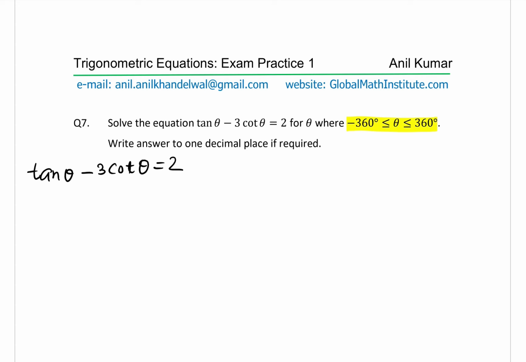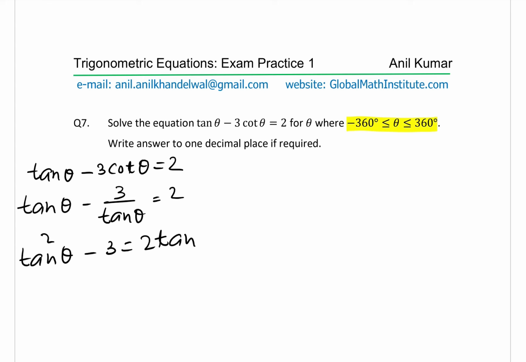Well, let's write them in one trigonometric ratio. Tan theta is better, right? So we get tan theta minus 3 over tan theta equals to 2. Multiply by tan theta, we get tan square theta minus 3 equals to 2 tan theta. Rearrange, we get tan square theta minus 2 tan theta minus 3 equals to 0.